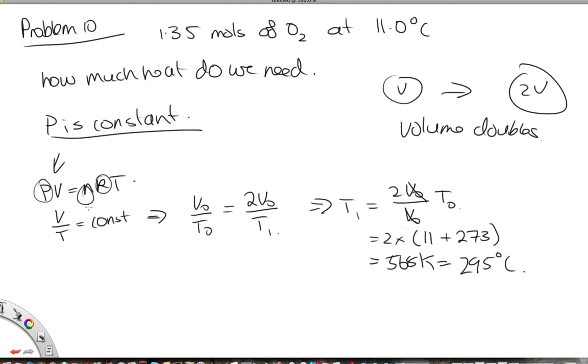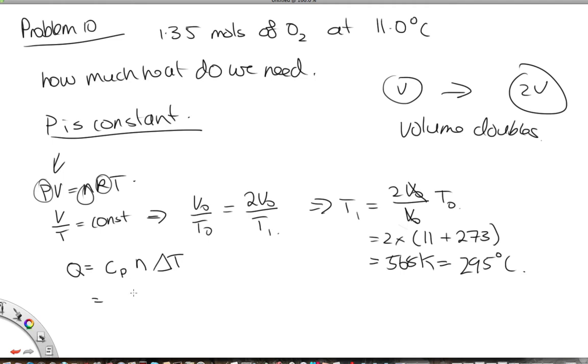Now the heat energy is equal to the specific heat, which in this case is the specific heat at constant pressure, P is constant, times the number of moles times the change in temperature. This is the second time we're using this.